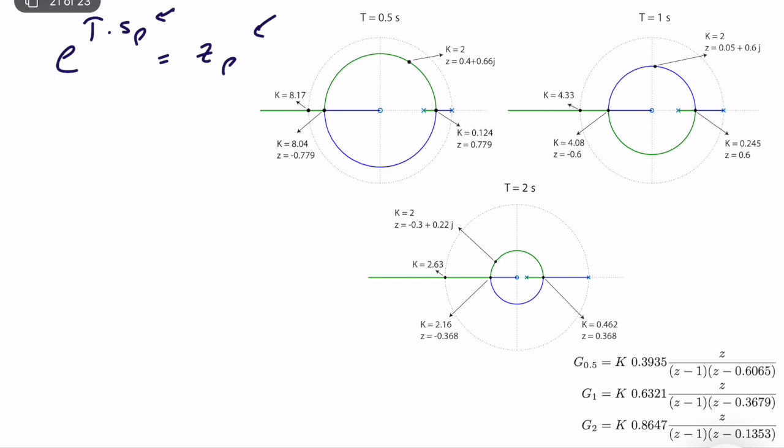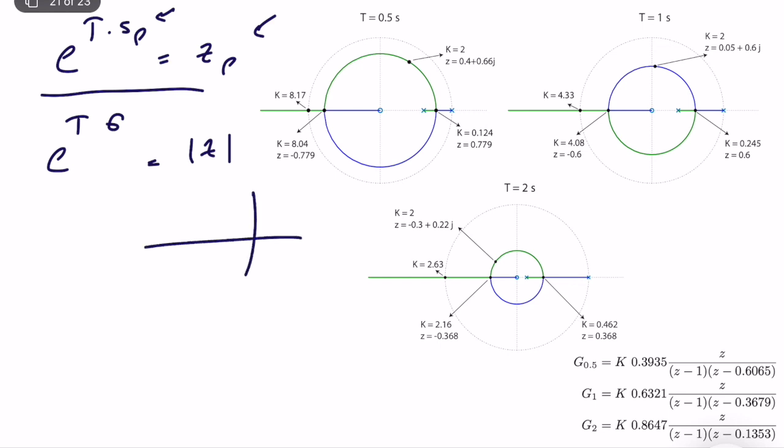Moreover, we know that this is not a one-to-one onto mapping, but if we limit it to the real line, so e to the power T sigma equals z, then this mapping of the real line onto the z plane is one-to-one and onto.